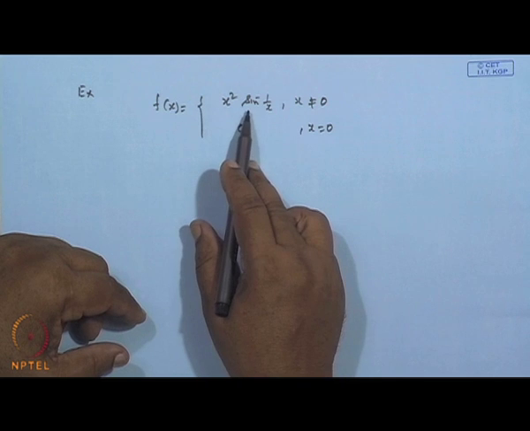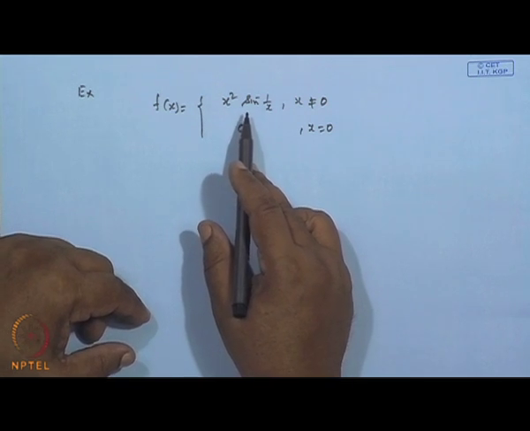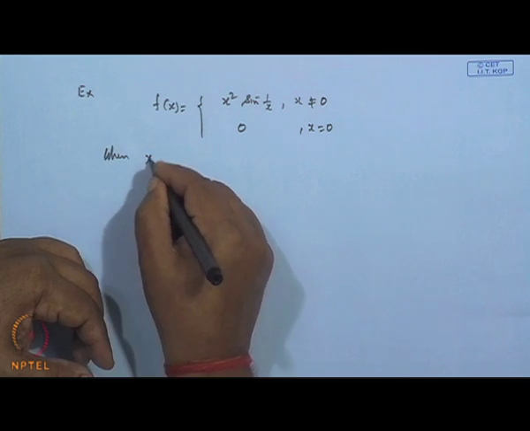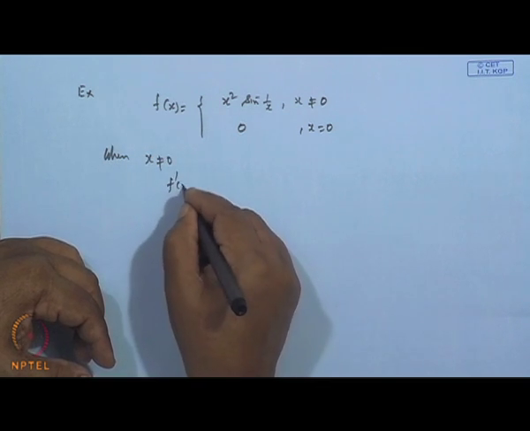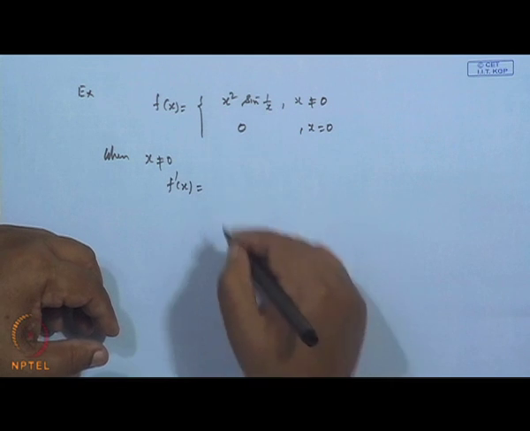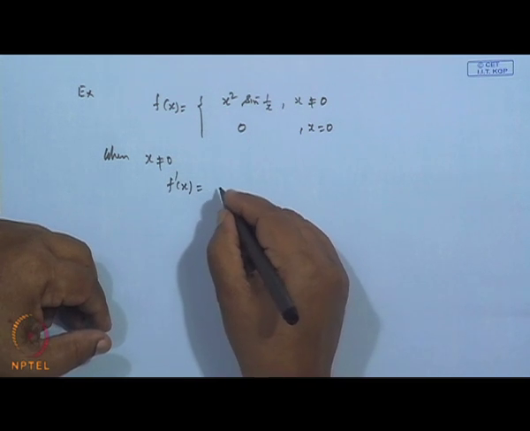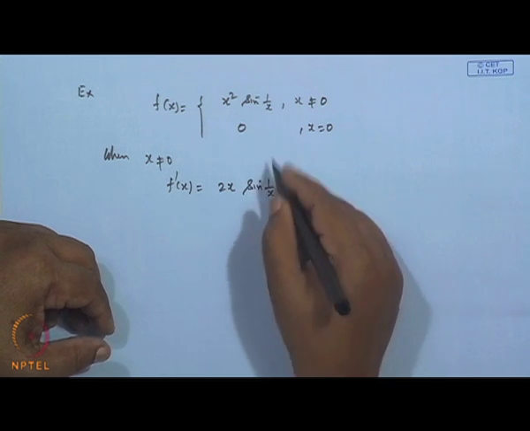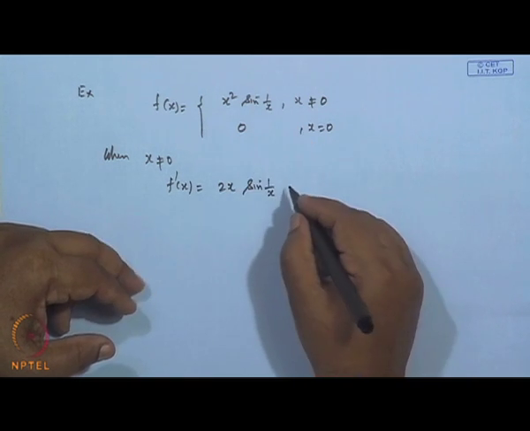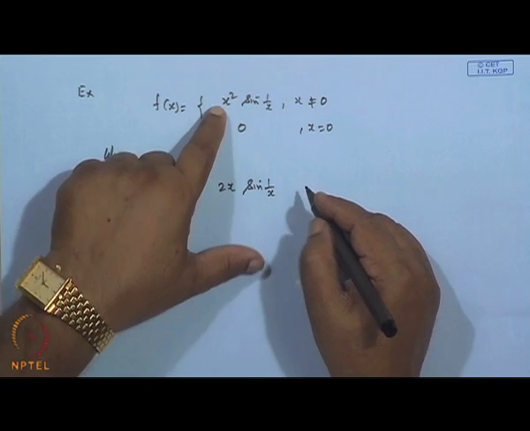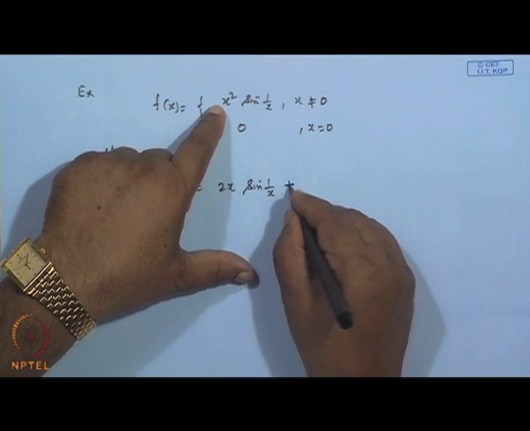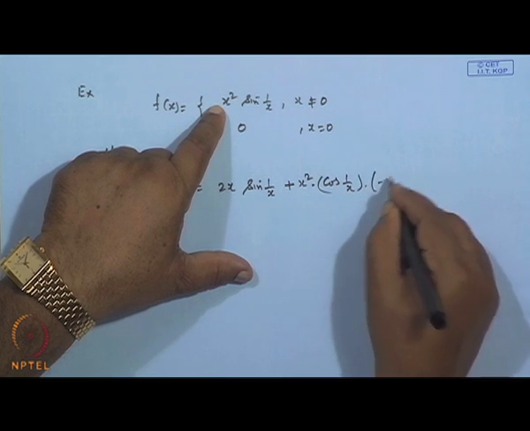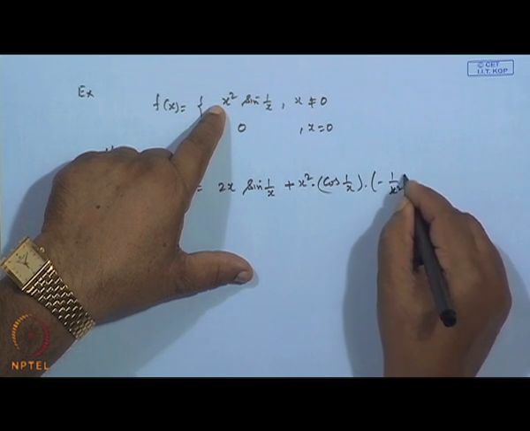So, we can directly apply the formula. When x is not equal to 0, you can directly apply the product rule: the derivative of the first, 2x, times sin 1 by x, plus the second function x square times the derivative of sin 1 by x, which is cos 1 by x into minus 1 by x square, because this is a composite function.